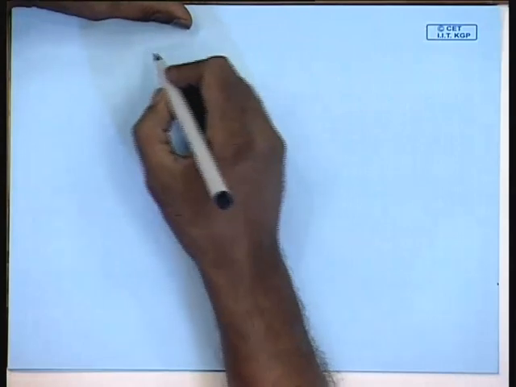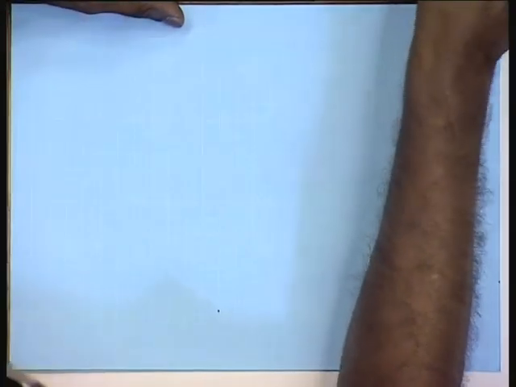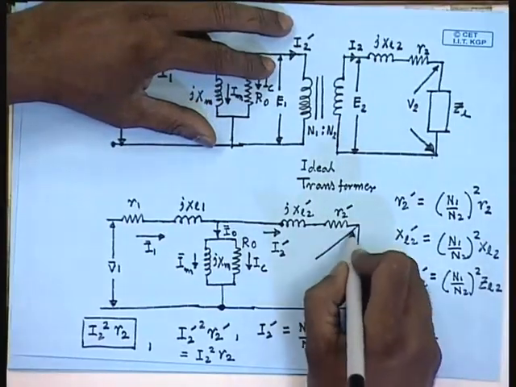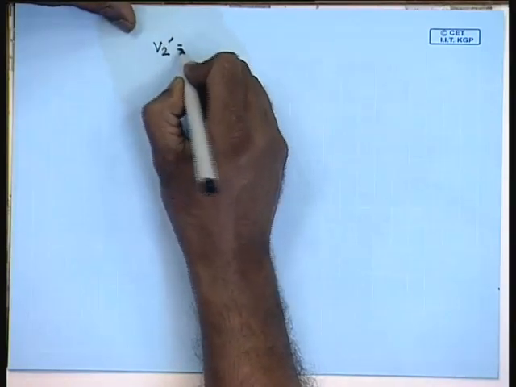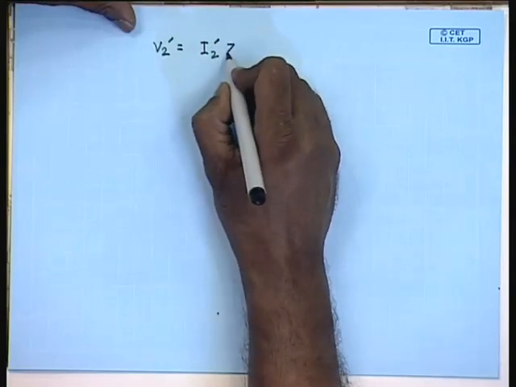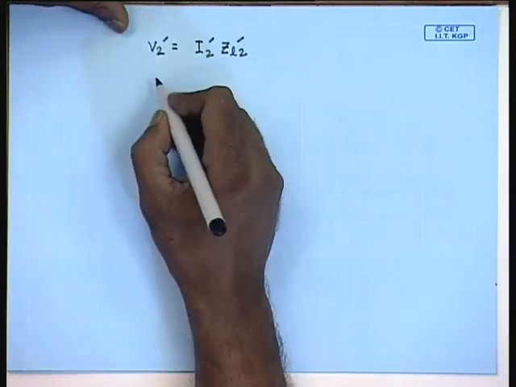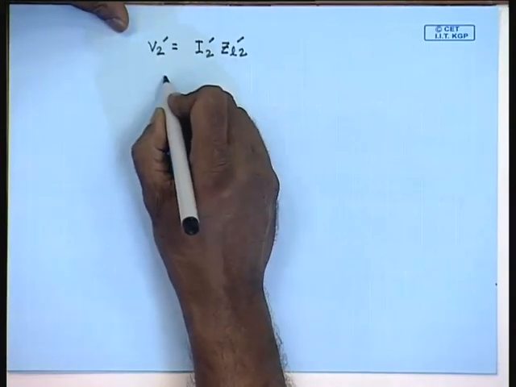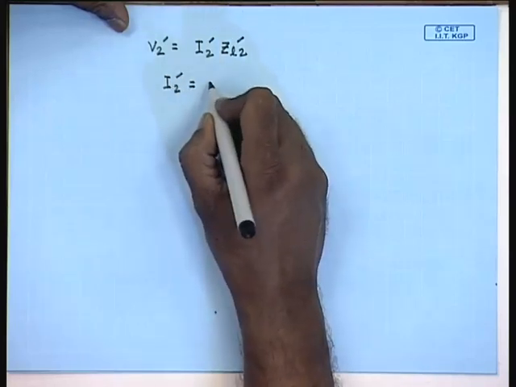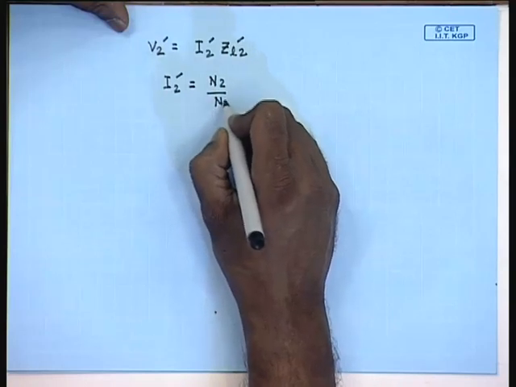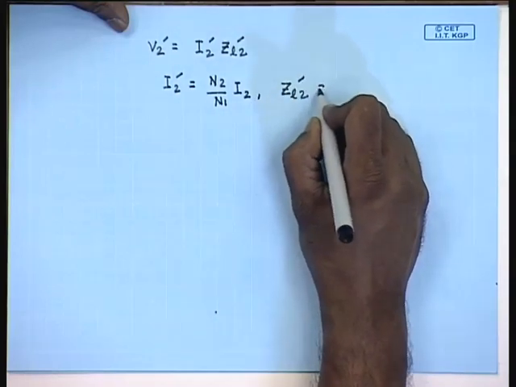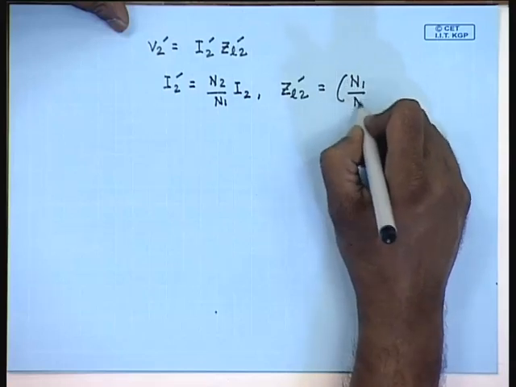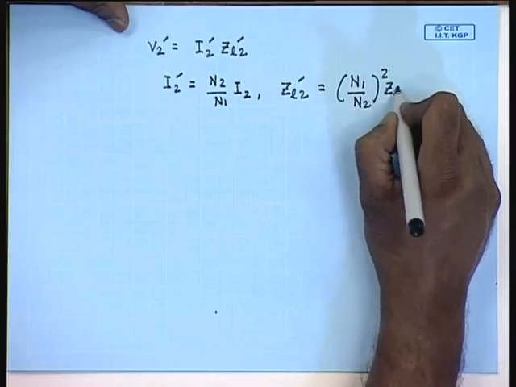What will be the referred secondary voltage V2 dash? We call this V2 dash, then V2 dash equal to I2 dash ZL2 dash, but I2 dash equal to N2 by N1 I2, and ZL2 dash equal to N1 by N2 whole square ZL2.